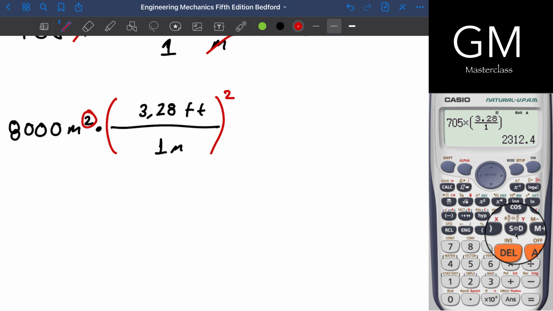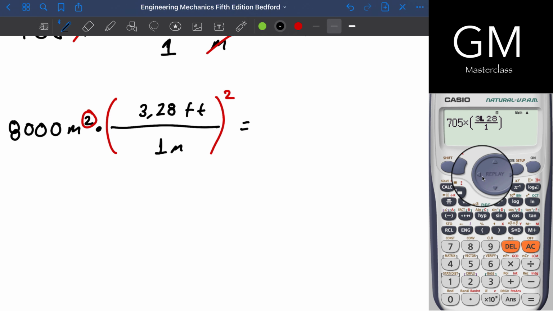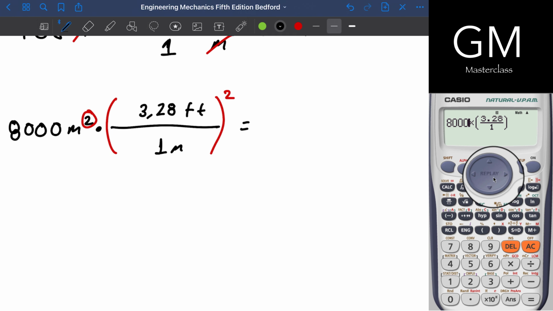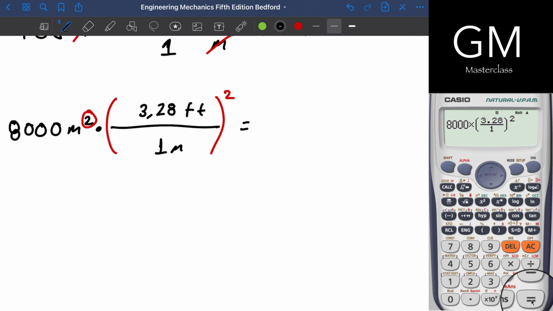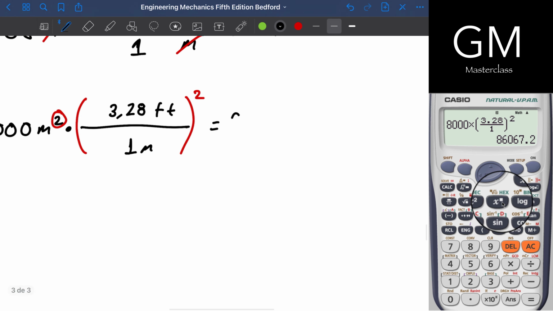So doing this equation, 8,000 divided by the second power, I'm going to get this result, which is 86067.2.